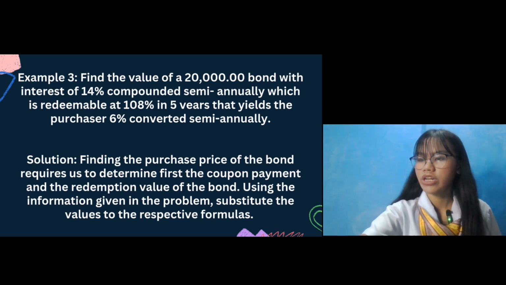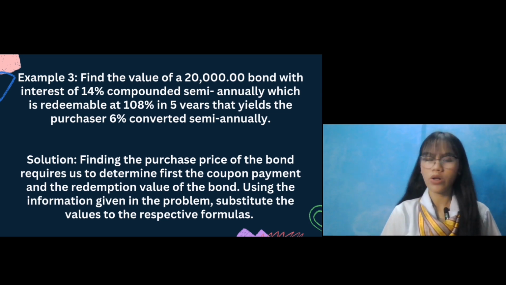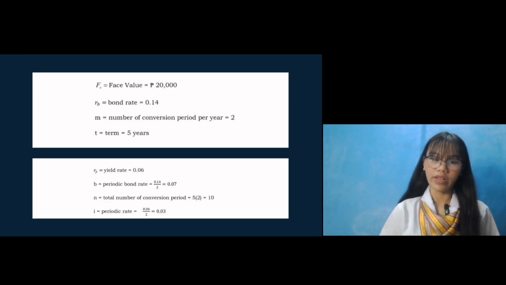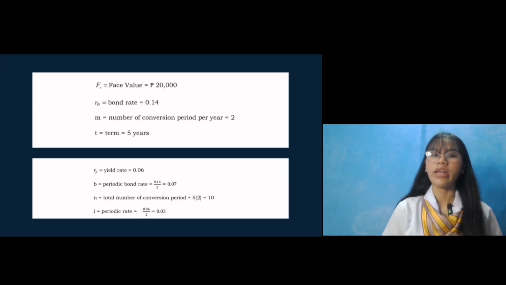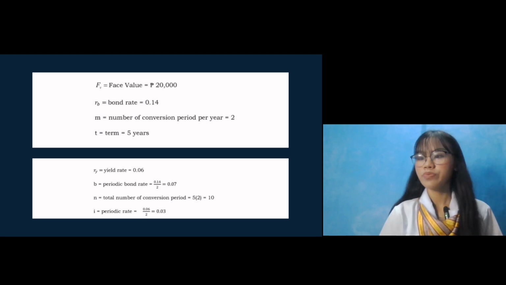Using the information given in the problem, substitute the values into the respective formula. So we need first to identify the coupon payment and also the redemption value. But first of all, we need to list down all of the givens in our stated problem, so we will be able to solve it easily.